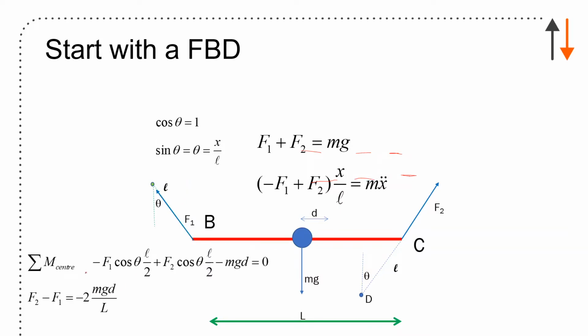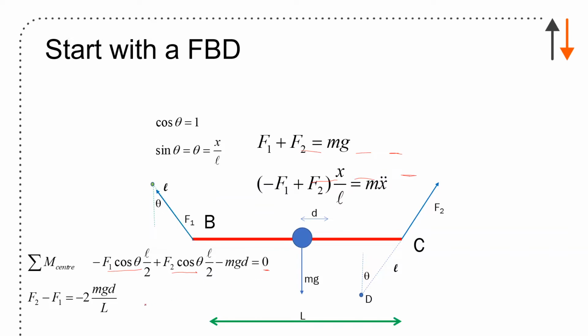So if we take the sum of moments, well, F1 is going to be causing a clockwise moment. F2 will be causing a counterclockwise moment, so that's negative, positive, and the weight will also cause a moment, minus mg d, and that will all equal 0.